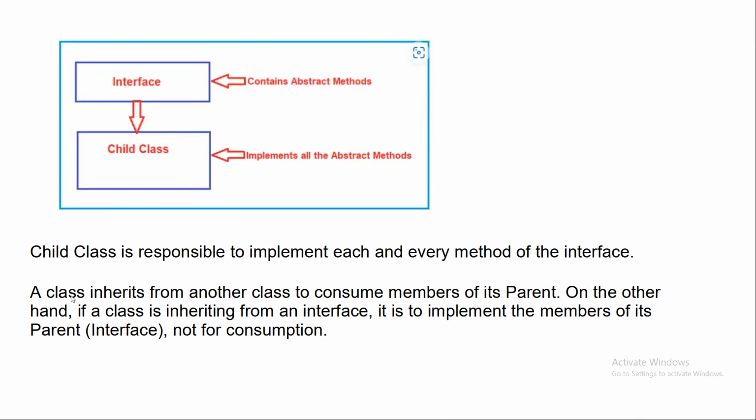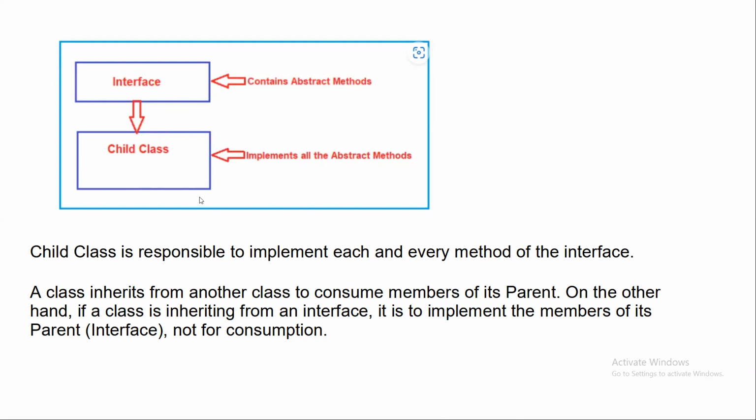A class inherits from another class to consume the members. If you have a method already available in the parent class, you simply invoke the method to get the required output. But if it is an interface, it is your responsibility to write the code also. If you are inheriting from an interface, you have to implement the members of its parent.